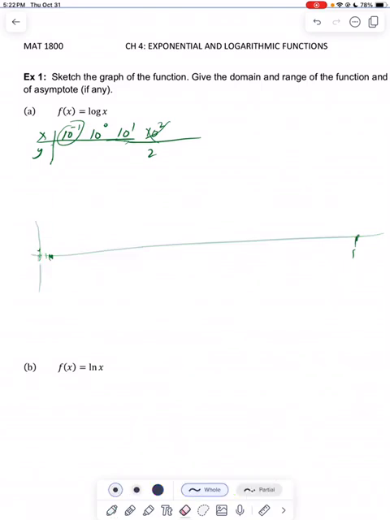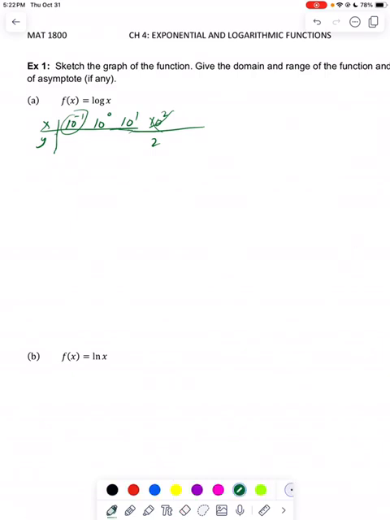So with just these 3 values, you should be able to show the graph of log x base 10, because remember that's what it means. This log x means base is 10, and this ln means base is e. So e, remember, is approximately 2.7. Well, for the purpose of graphing, we said we will take 2.7.